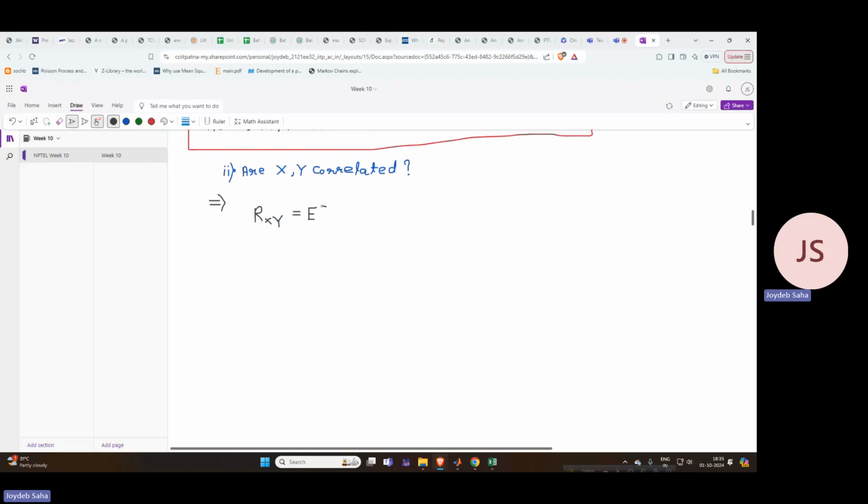Expectation of xy, and we can write it as m11. Now take 2-3 minutes and try to write down the expression of m11, then match with the answer.